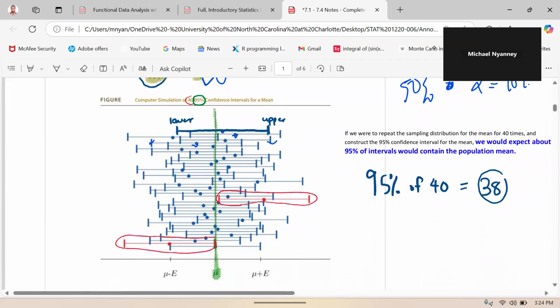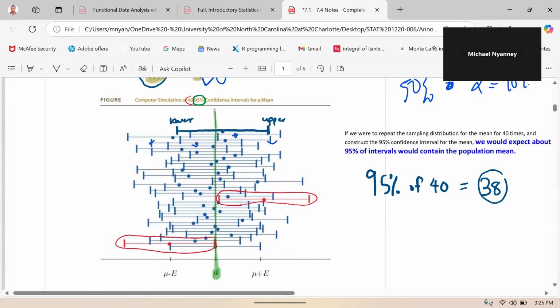So if we've created 40 intervals and we want to calculate a 95% confidence interval for the mean, this is the population mean. Then within these 40 intervals, 38 of them will contain our parameter of interest, and 2 of them will not. They will be off from it.